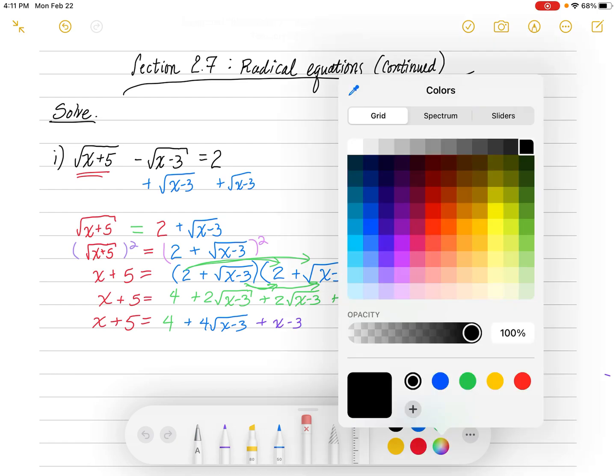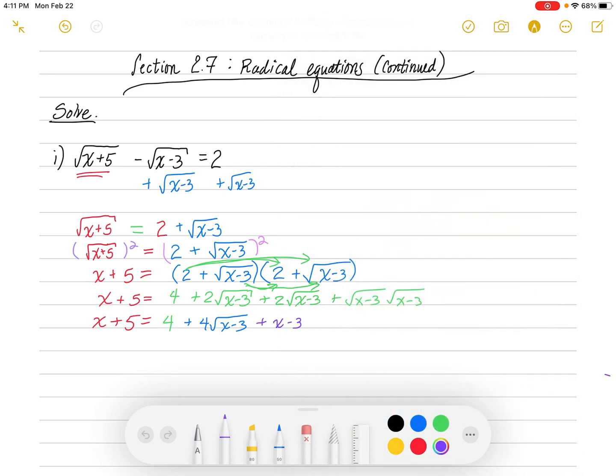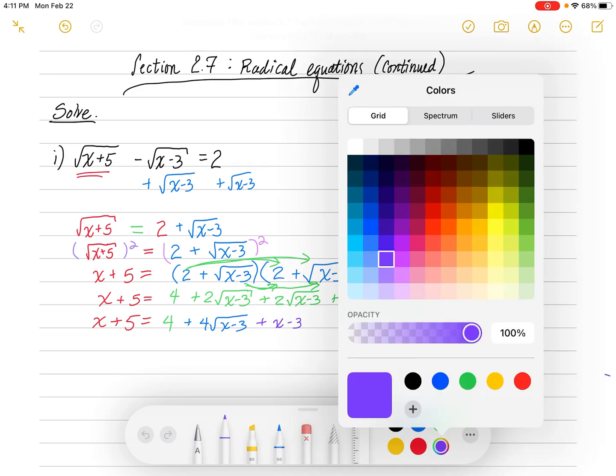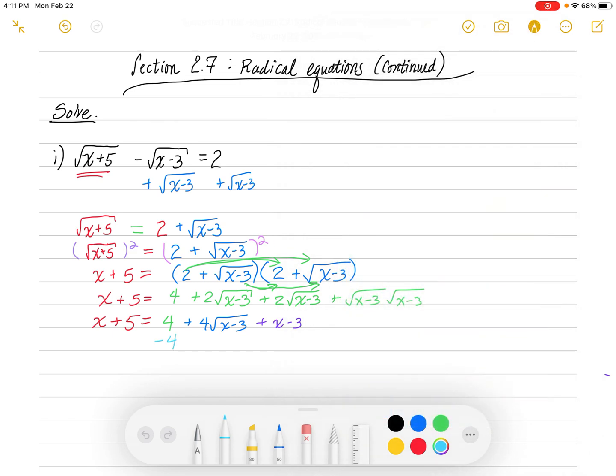How am I going to get rid of 4? I'm going to subtract 4 from both sides. I want to get rid of this x, so I'm going to subtract x from both sides. And I want to get rid of this minus 3, so I'm going to add 3 to both sides.